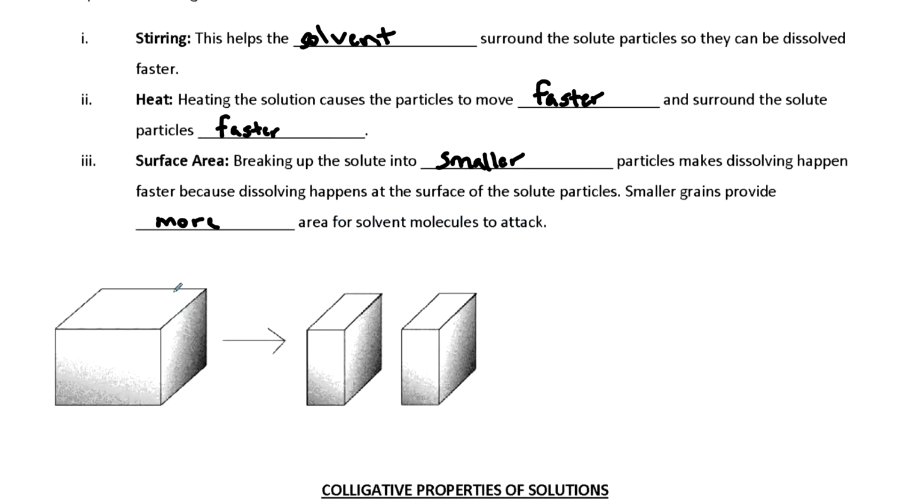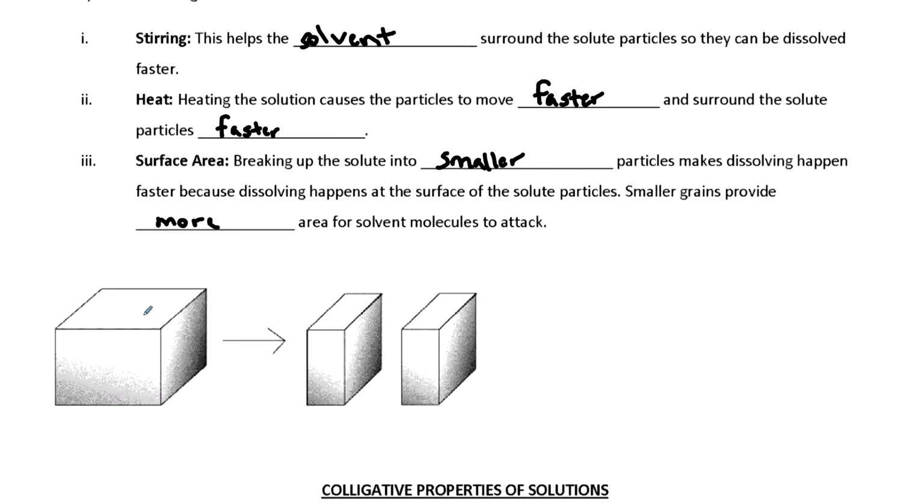Your sugar cube has a lot less surface area than if you were to crush it up into individual grains of sugar, right? That's providing a lot more solute surface for the solvent to surround. Because in the cube, imagine there's all those sugar particles on the interior that aren't exposed to the solvent.